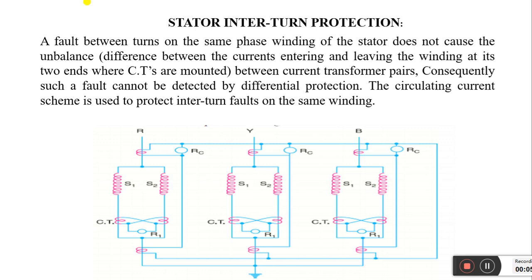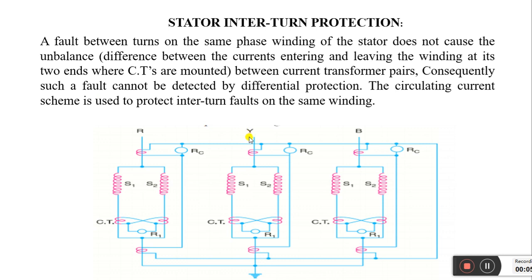So to protect against stator interturn faults, we have designed a circuit, which is shown here. Let us say we have defined R, Y and B phases, and the R winding has a stator winding with two turns shown here, S1 and S2.